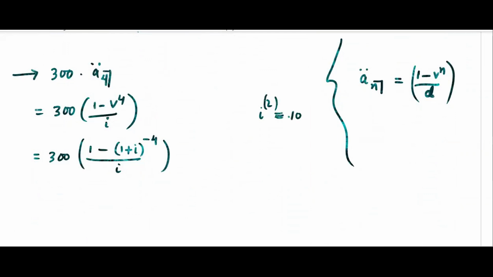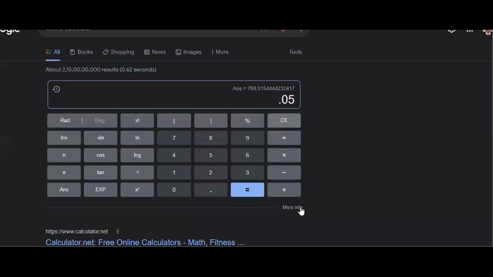If I2 is given as 10%, you need to find I from I2. You have to apply this formula: 1 plus I2 divided by 2, power 2, minus 1. That way you will get I. You put 0.10 here: 1.05 squared minus 1. Whatever you get, you put here.